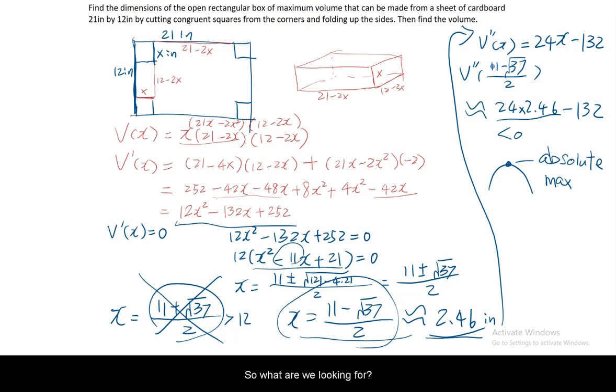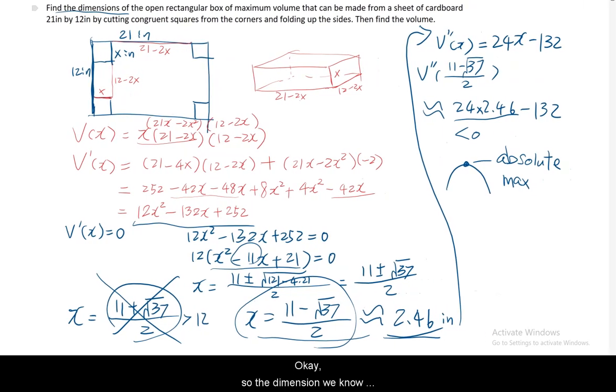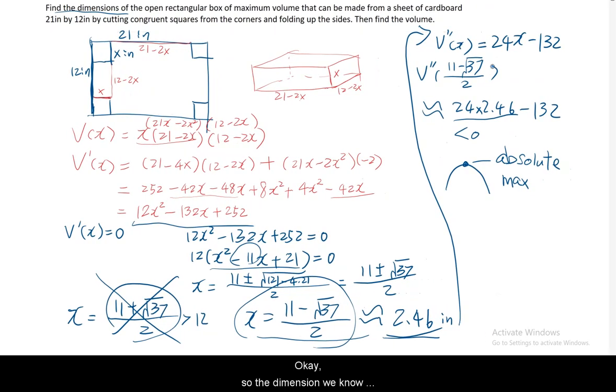So what are we looking for? Find the dimensions. Okay, so the dimension, we know one side, let's call it length, is 21 minus 2x, which is 21 minus 2 times 2.46.